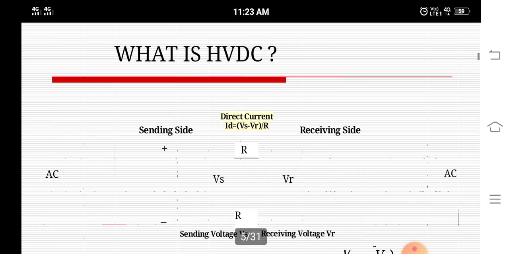This is what HVDC is. HVDC has two sides: one is the sending end side, another is the receiving end side. Both sides can handle direct current without producing any losses across them.